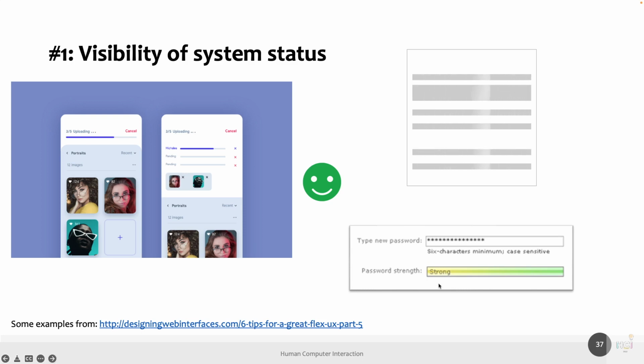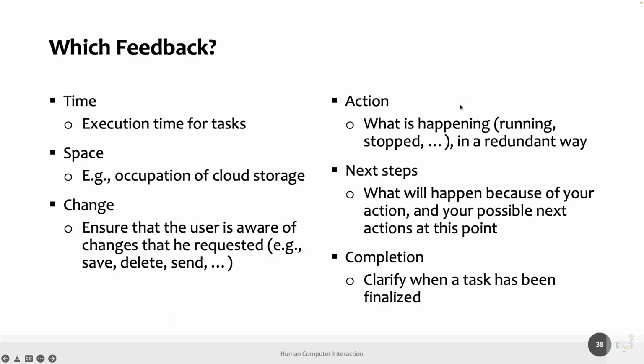Then there are examples of feedback in real time about passwords. This is very common. And also here, this is typical in, for example, social media on a mobile interface.